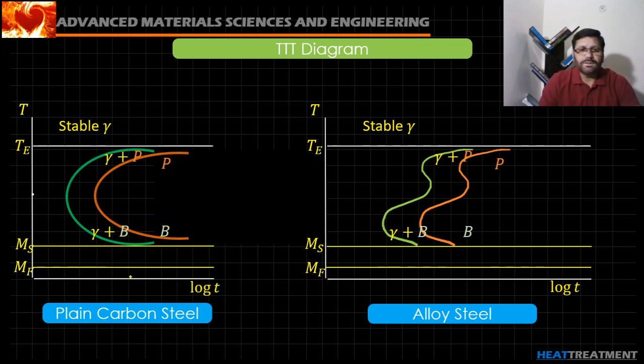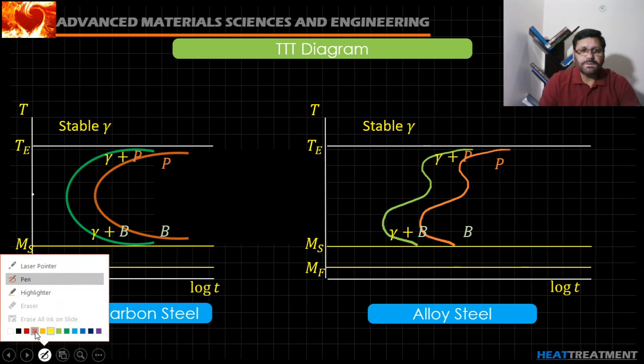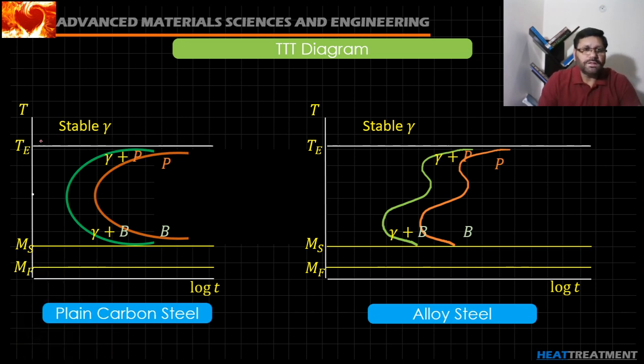Now let us see the time temperature transformation diagram for plain carbon steel and alloy steel. If we consider plain carbon steel and transform austenite by a very fast cooling rate so that it misses the nose of the C curves, we end up with the formation of martensite.